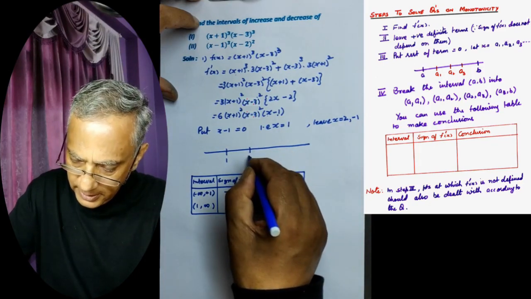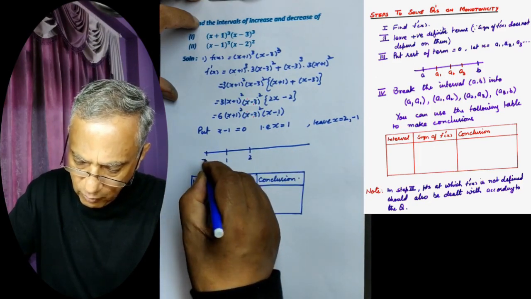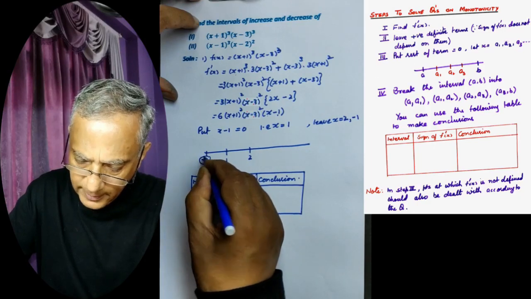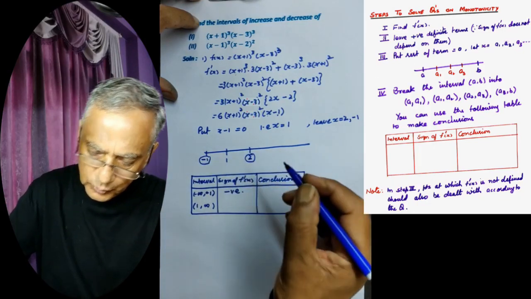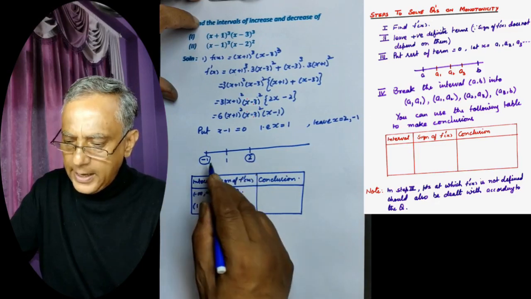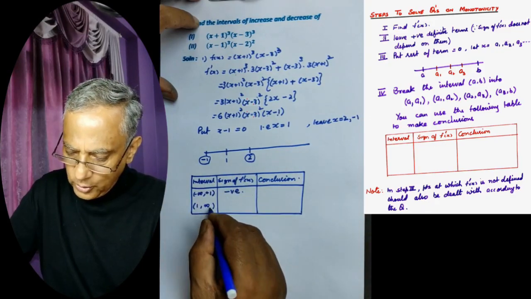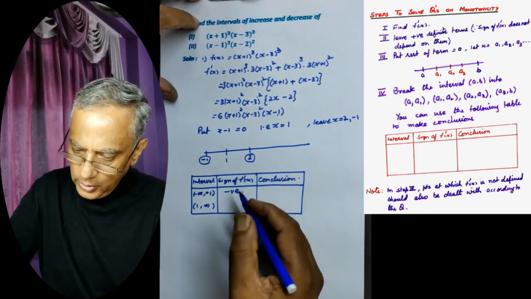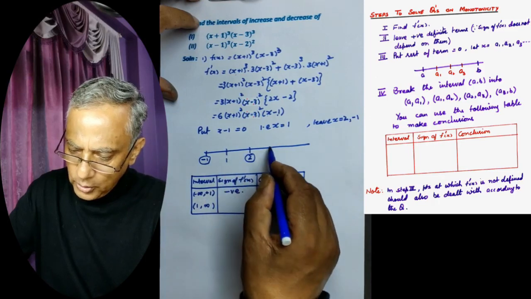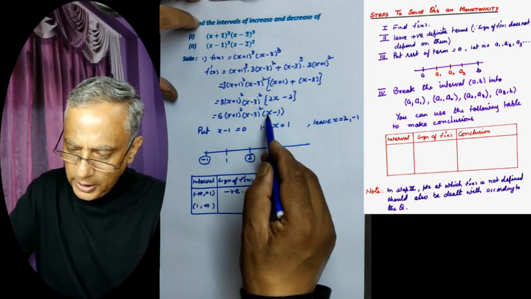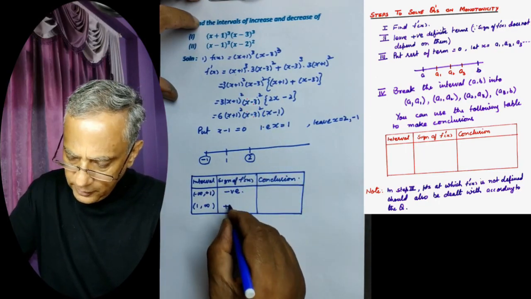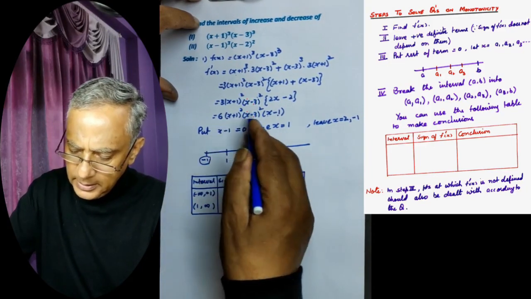Let me mark them here also, 2 and minus 1. These 2 points have to be excluded. This is 1 to infinity, except 2, say 3. So 3, this is positive, and these two terms are positive.